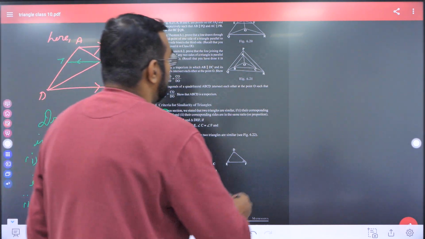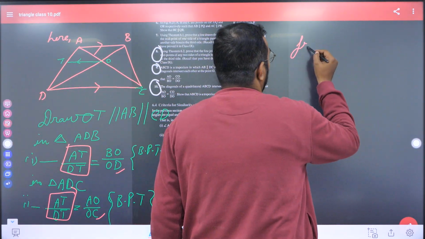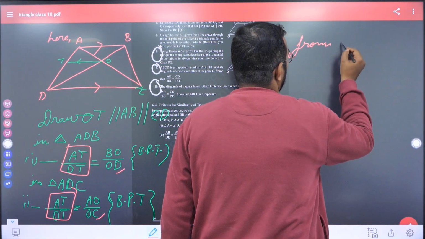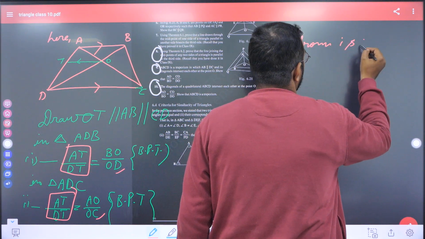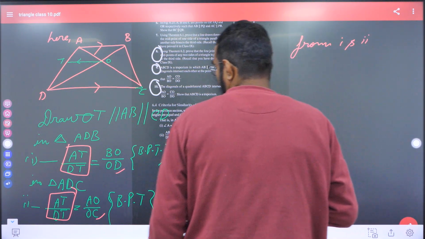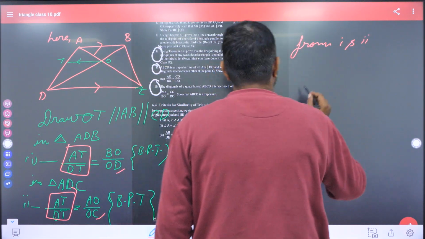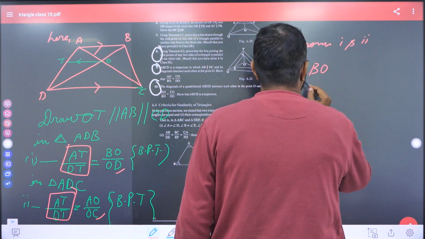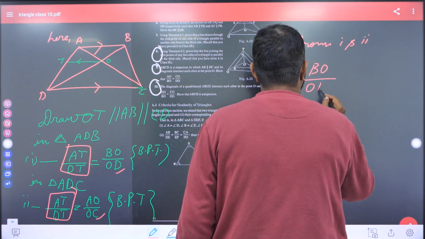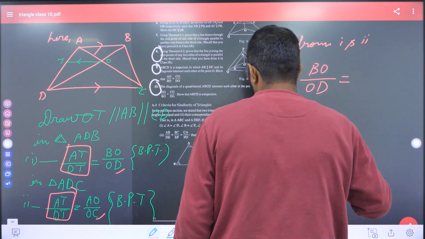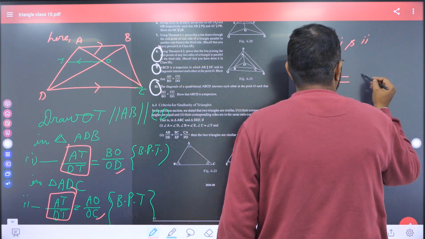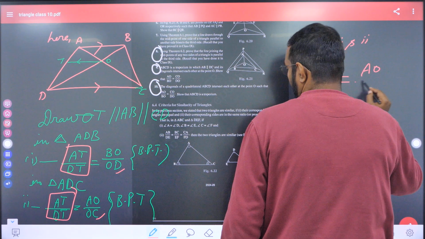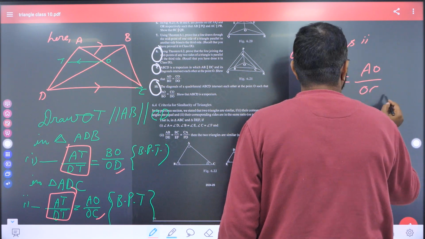So from first and second, you can write BO upon OD is equal to AO upon OC.